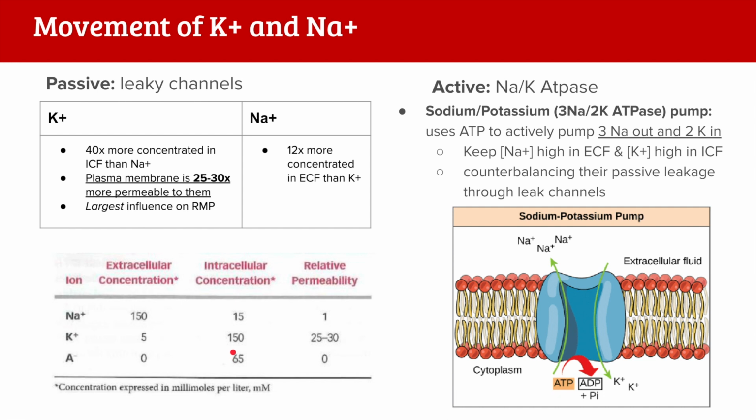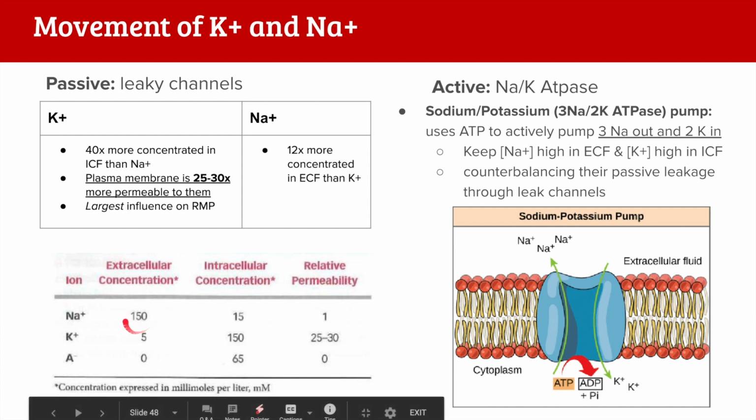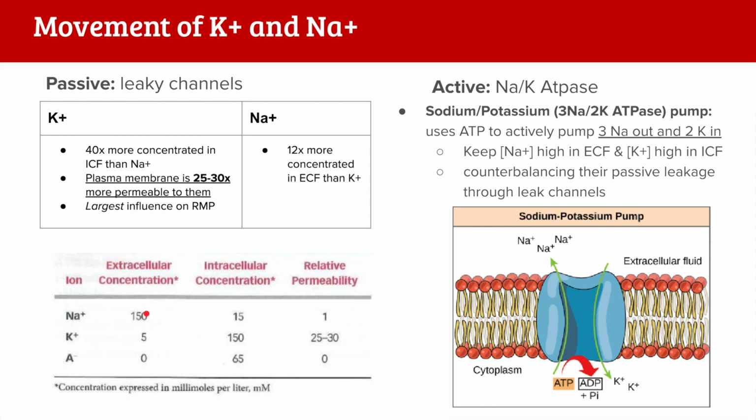As for sodium, it's more concentrated on the outside, so it will try to flow down the concentration gradient and flow inside. Potassium has a greater influence on resting membrane potential than sodium, because the plasma membrane is much more permeable to it.